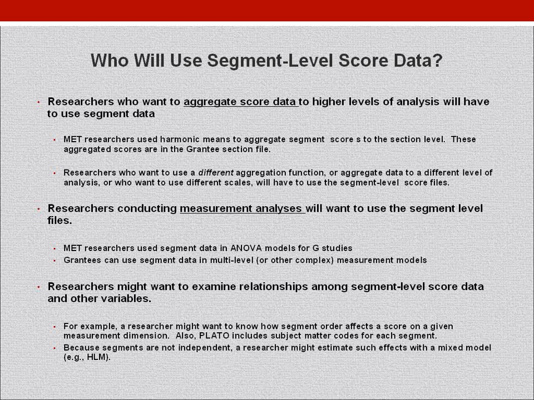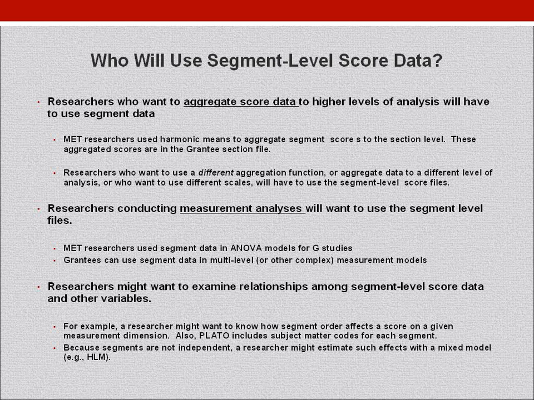Now, MET researchers have already aggregated score data to the section level, but they used harmonic means as their aggregation function. And those aggregation scores are in the grantee section file. But a researcher might want to use a different aggregation function, or might want to aggregate data to a different level of analysis, or an analyst might want to use different scales than the MET researchers use.